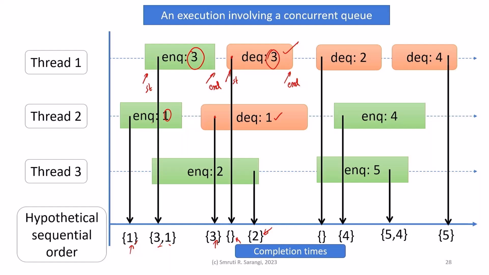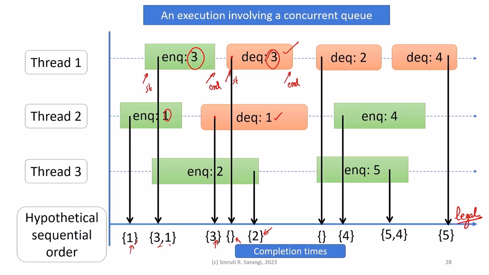Correct. So what is the semantics of a queue? First in, first out. Right. So queue, you enter your first in, first out. The head of the queue is the first to be serviced. If this is following the semantics of a queue, then this sequential execution is called a legal sequential execution, because the moment something is sequential, you can just see whether the results of every operation are correct.